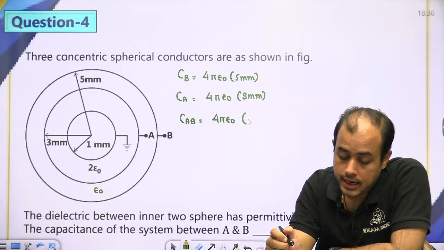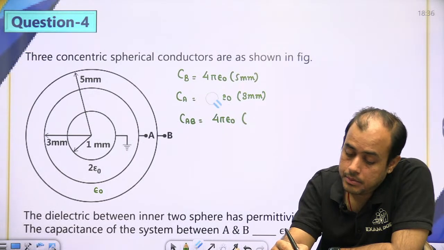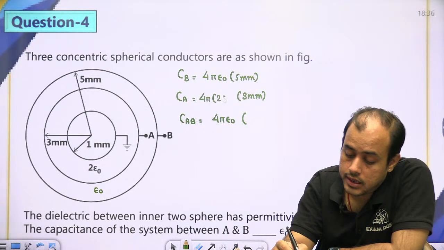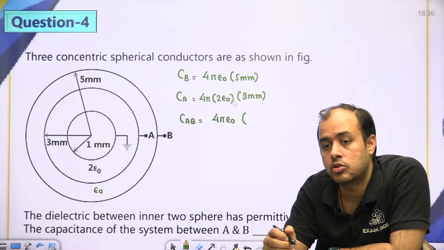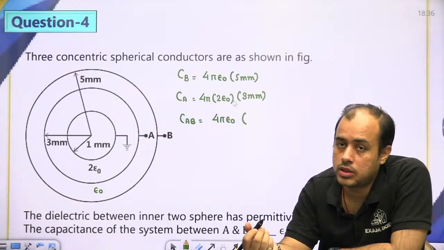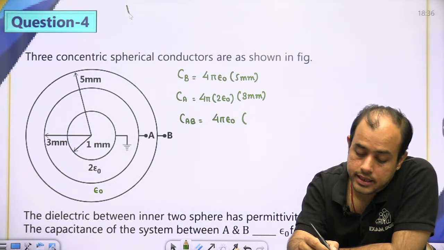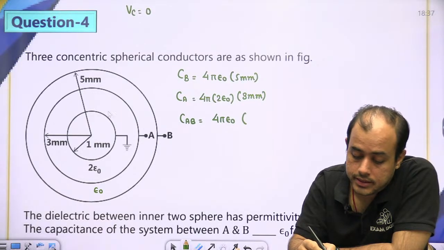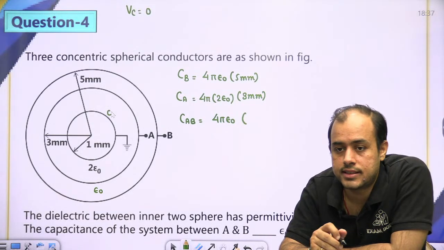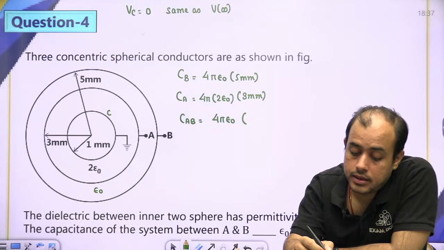Okay, and for A beta, between A and earth actually there is a medium of 2 epsilon naught. जो अंदर वाला स्फीयर है वो अर्थ की तरह काम कर रहा है ना, तो I am taking the capacitance with respect to the earth, that is same as the isolated sphere. देखिए potential of C is 0, this is C, potential of C is 0, same as potential at infinity.